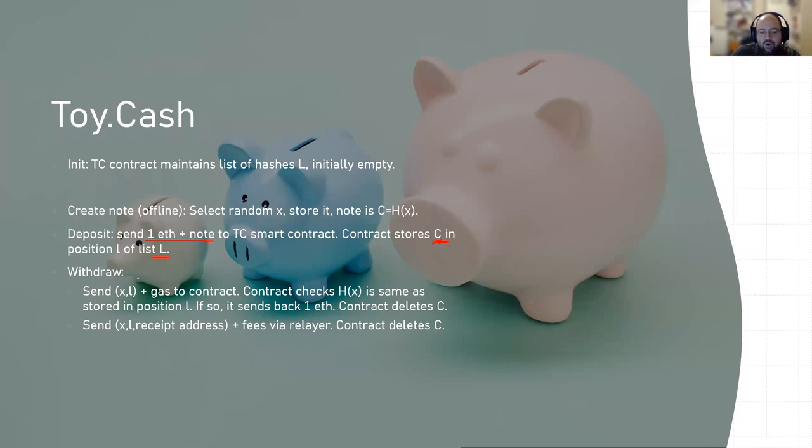Okay, so how do withdrawals work? Well, the simple case is that you send your secret value X to the contract and you say, well, I have this note that opens position L. And the contract will check that the value X you said is actually the same as what is stored in position L. And if it is, it will send back your 1F, potentially minus fees.